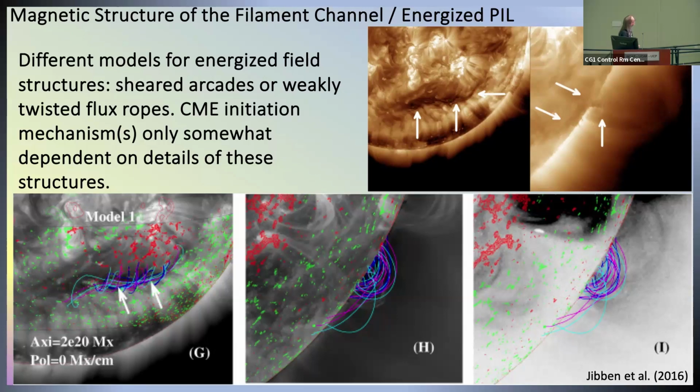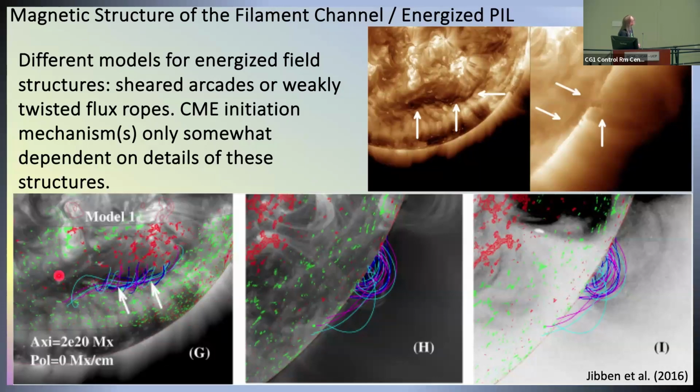And so these red and green dots here are actually magnetogram data. The red polarity is one sign of the radial field, and the green polarity is the other. And you can see that this stressed field lies right between the positive and negative polarities.